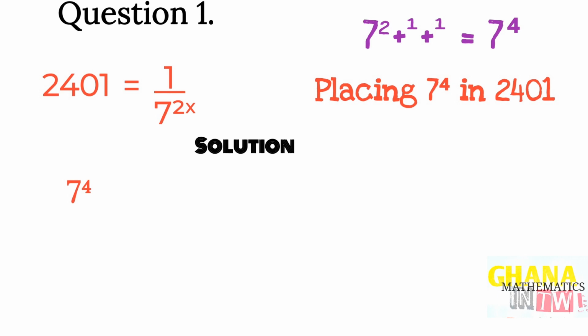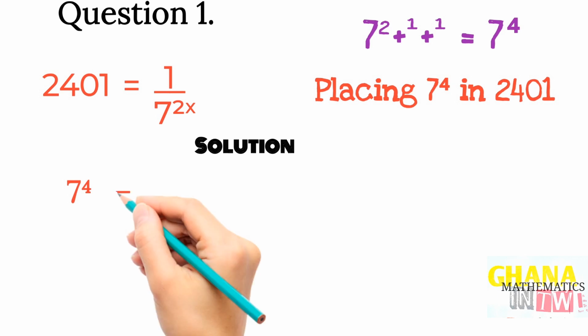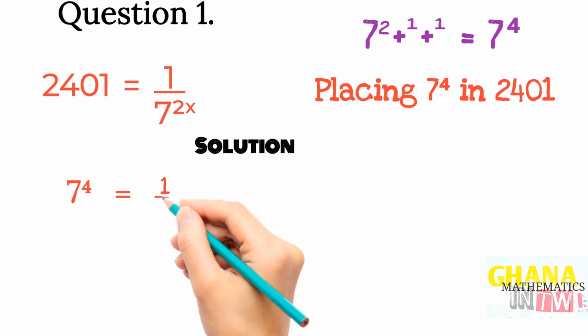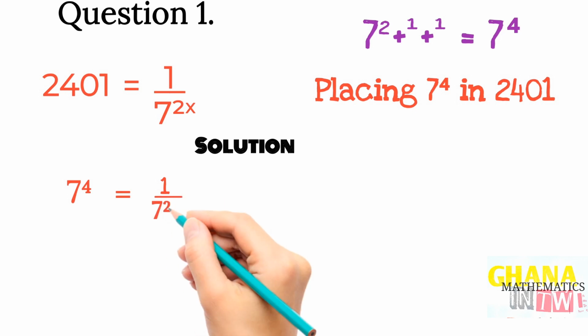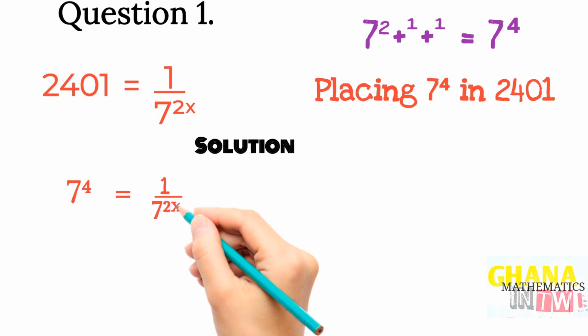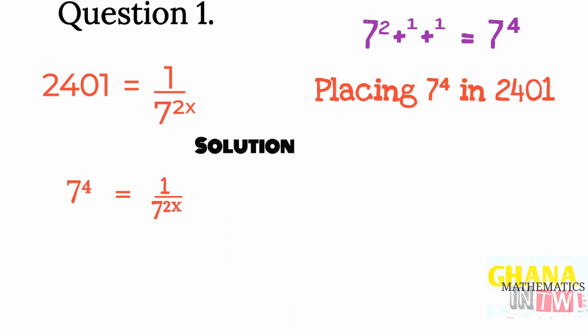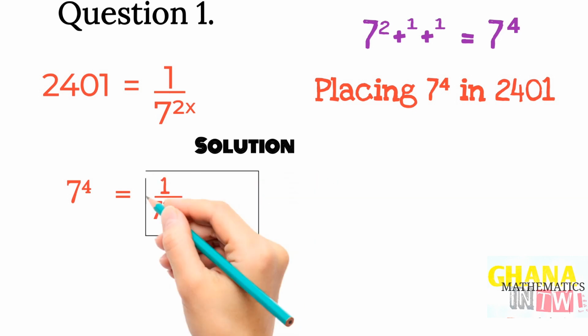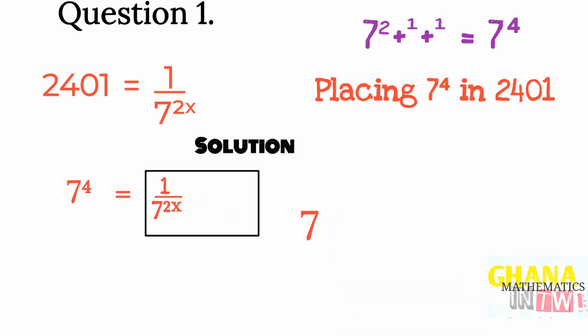Now it is equal to 1 over 7 raised to the power 2x. Bear in mind that the 7 in the base has a power of 1, but in examination we assume you know. So 7 raised to the power 4 is equal to 1 over 7 raised to the power 2x.